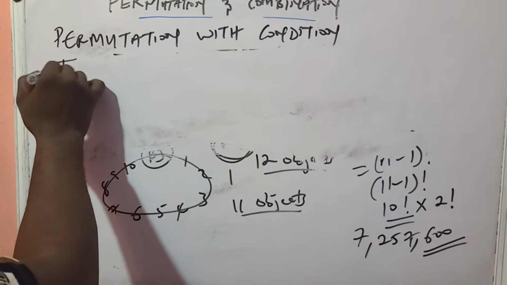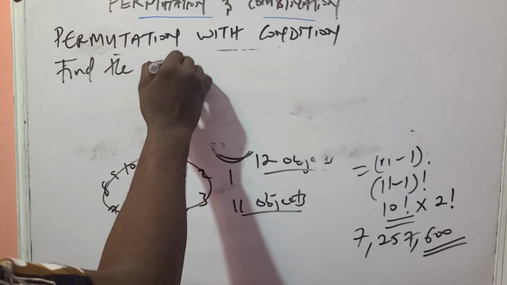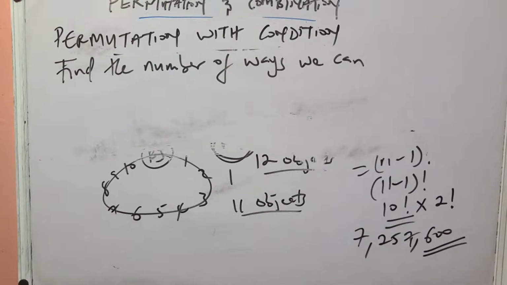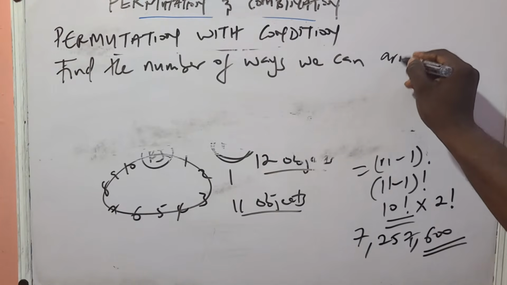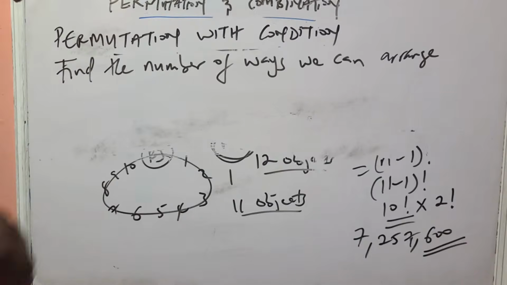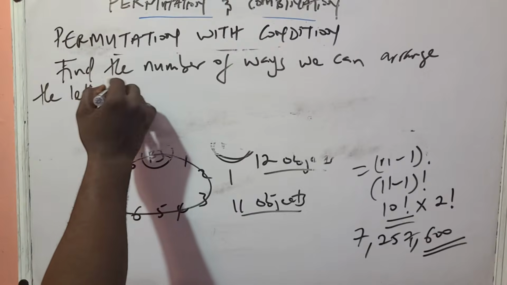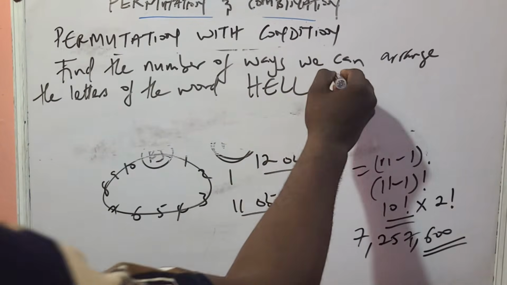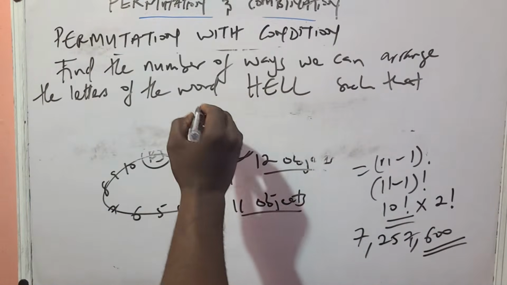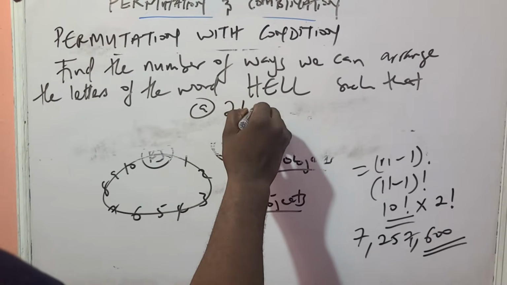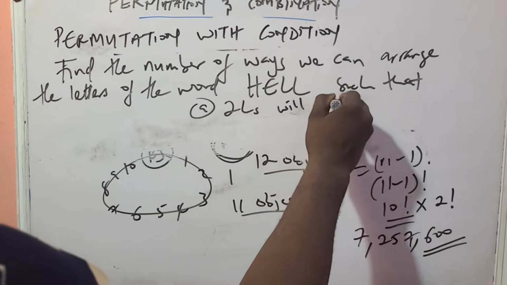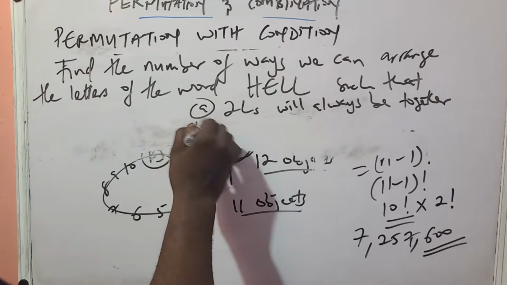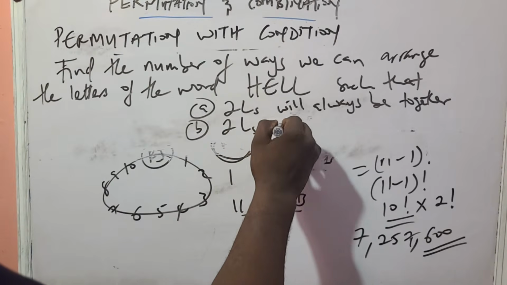And this is what we're going to start with tomorrow. Look at the question. Find the number of ways we can arrange the letters of the word HELL, such that (a) the two L's will always be together, and (b) the two L's will always be apart.